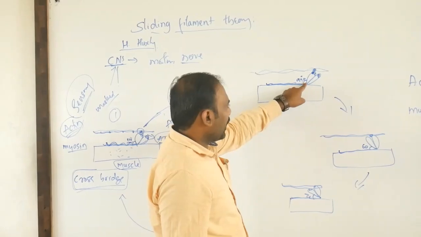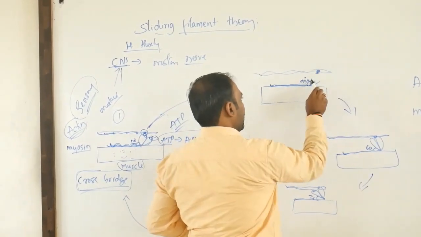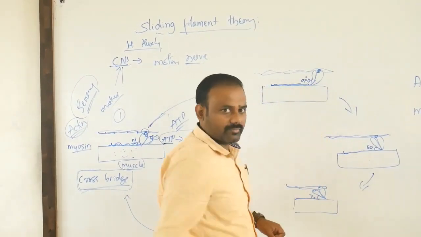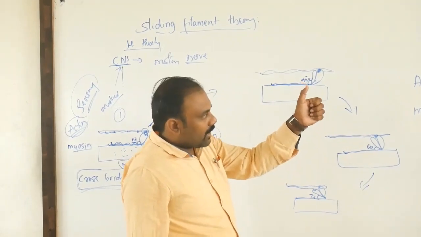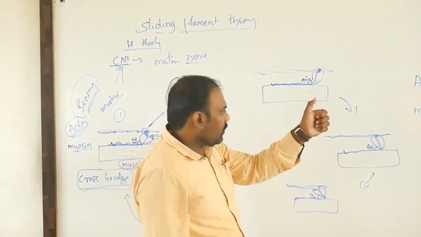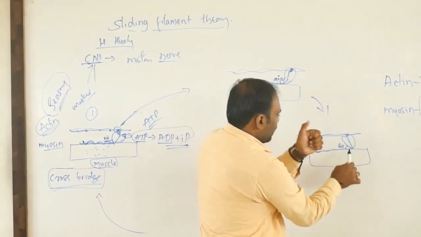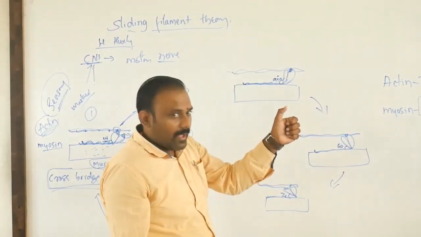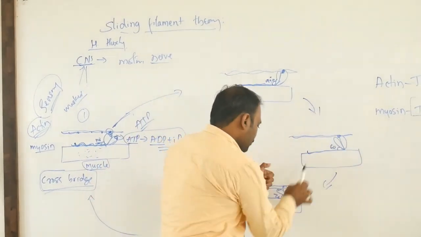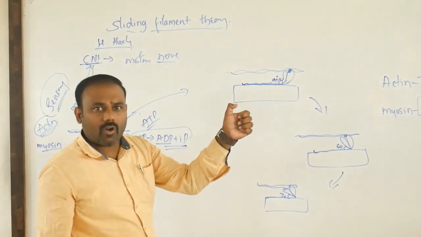Now the angle becomes 90, which means contraction takes place. Here 90 becomes 60, again further contraction. 60 becomes 30, again maximum contraction.